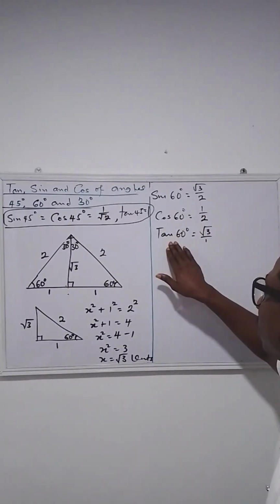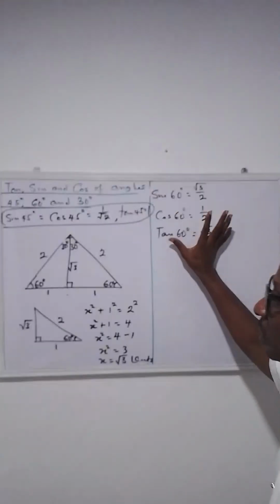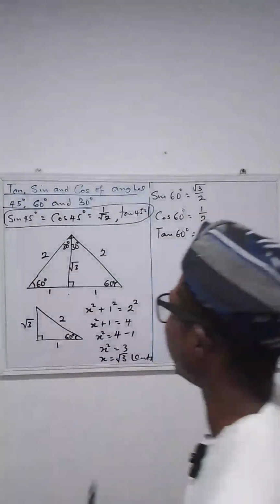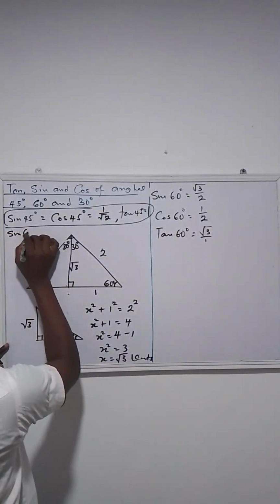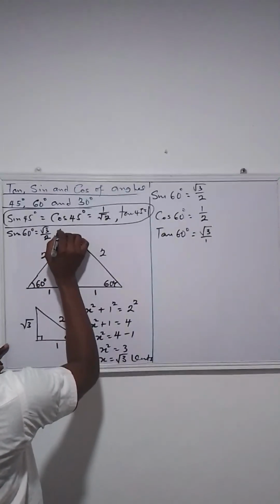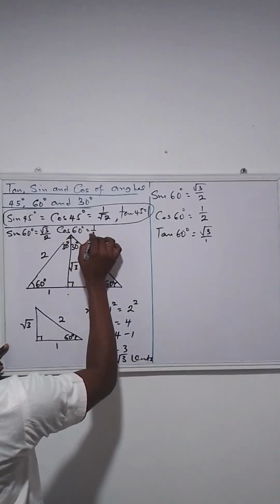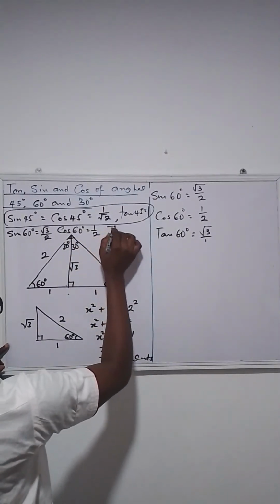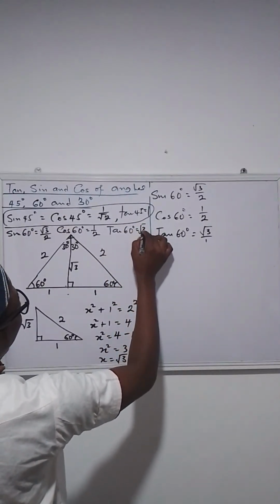And tan 60 is square root of 3. So we have to keep this one. All right, now let us write it here. So we have sine 60 degrees equals square root of 3 over 2. Cos 60 degrees equals 1 over 2. And the last one, tan 60 equals square root of 3.